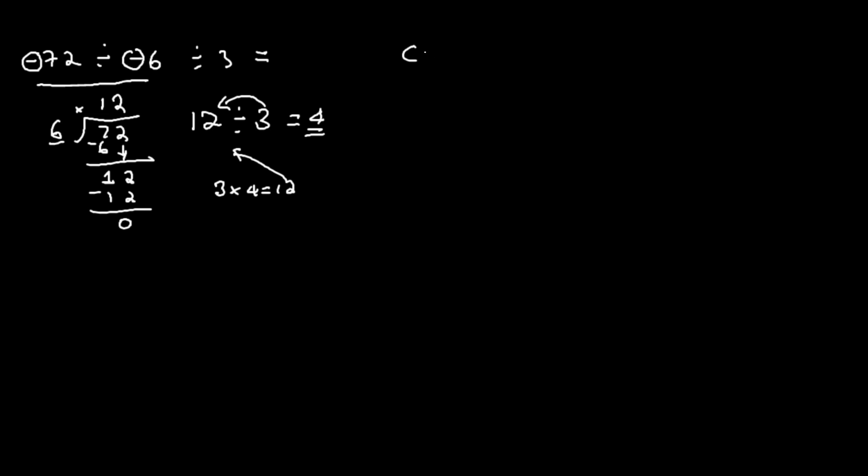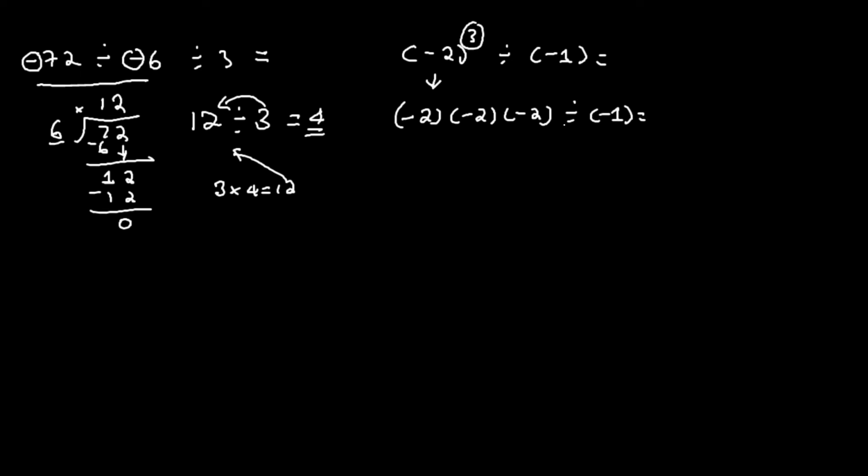Try this example, negative 2 raised to the third power divided by negative 1. So this here means that you are multiplying the same number 3 times. The power here states that. Now you can rewrite the problem like this. So first you can solve these two, negative and negative will give you positive 4.